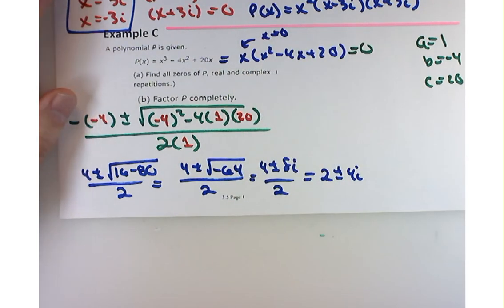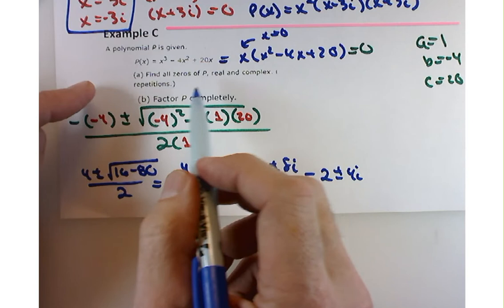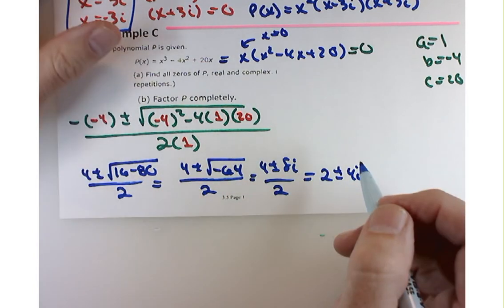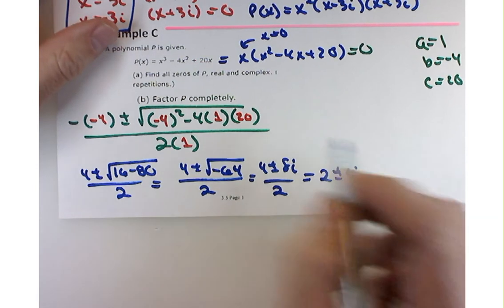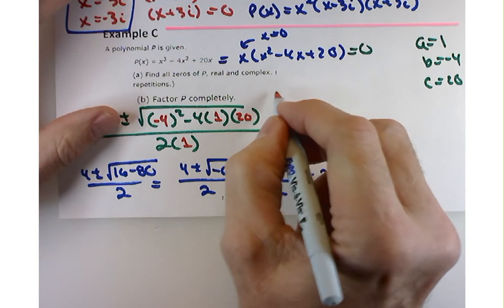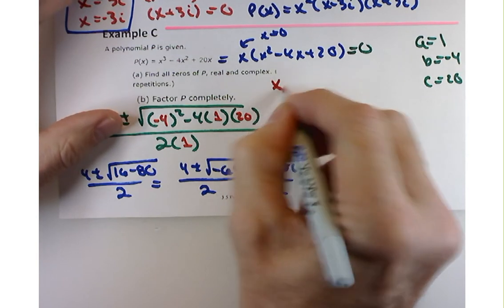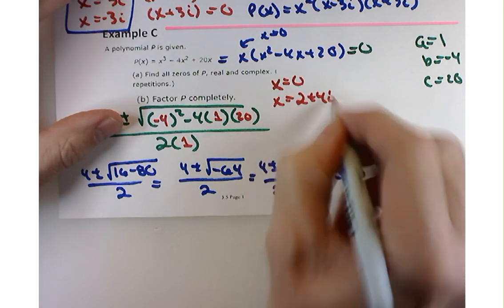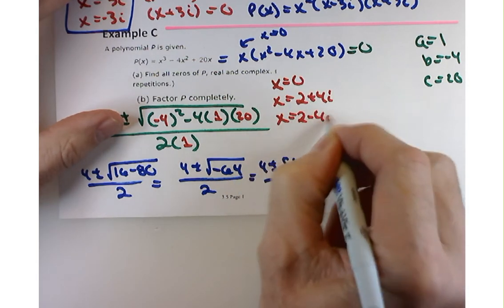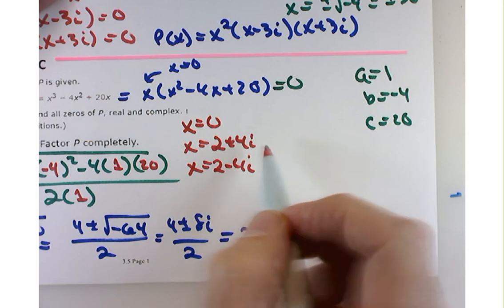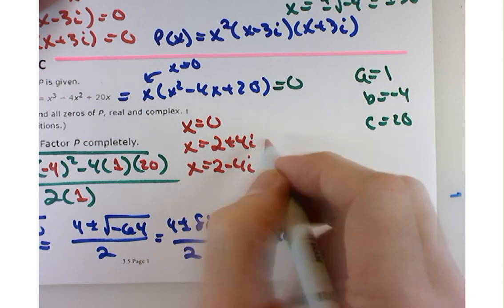Let's see if we can write this as a product of binomials, or I should say, a product of linear factors. So that's going to mean P of x. Let's write our roots: x equals 0, x equals 2 plus 4i, and x equals 2 minus 4i. These numbers can move across the equal sign.